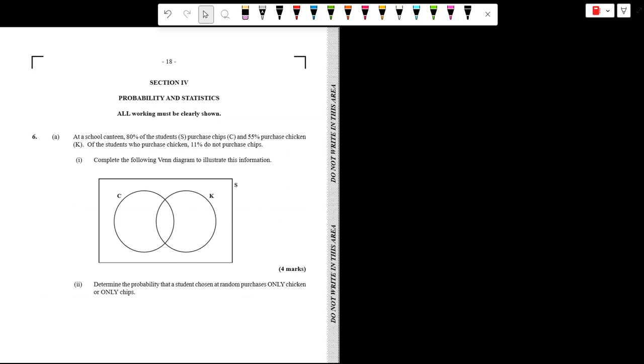P of A given B is equal to P of A and B divided by P of B, right? So the probability of A occurring given that B has already occurred is the probability of both A and B occurring divided by the probability of B occurring.